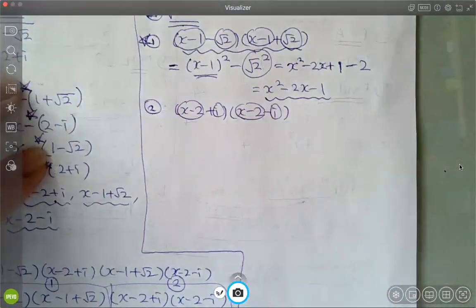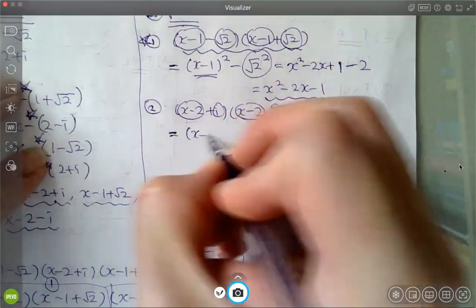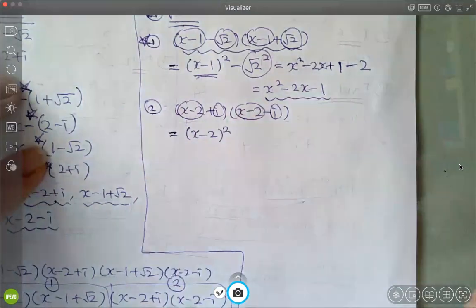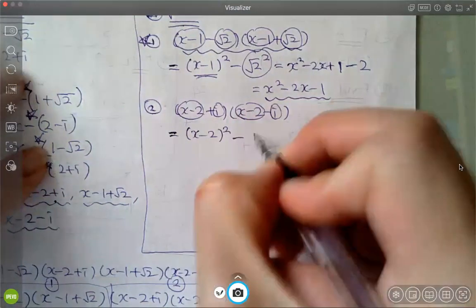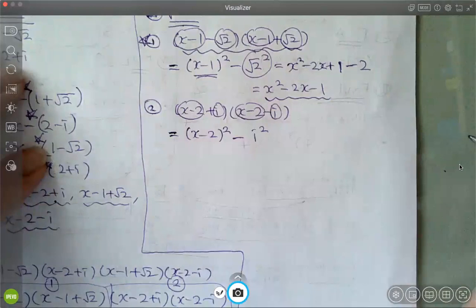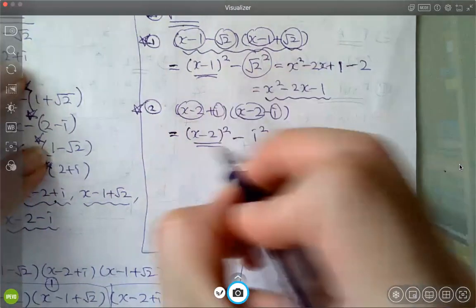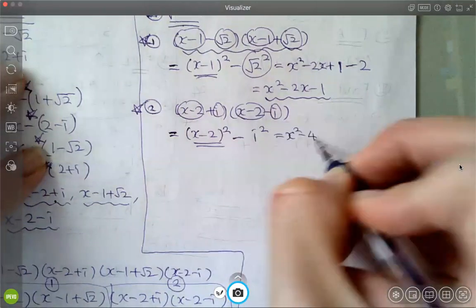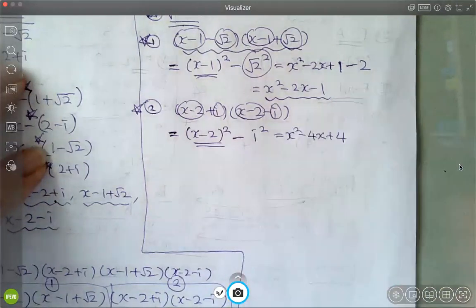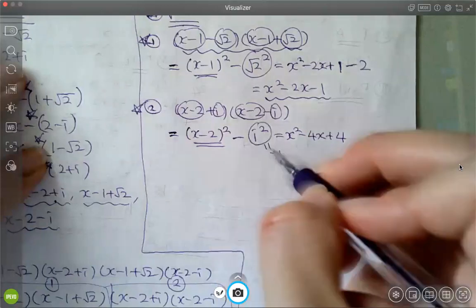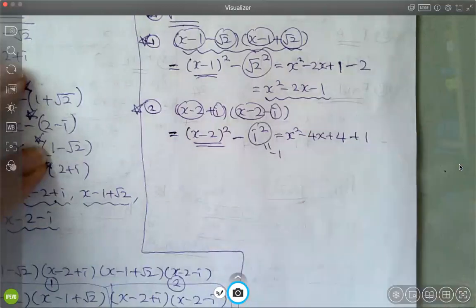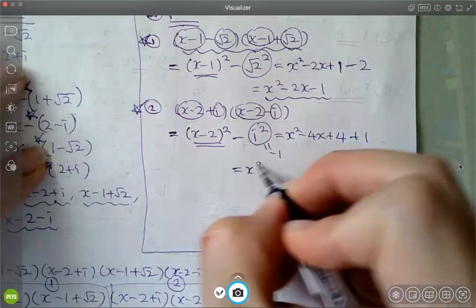So what needs to be squared first? It's x minus 2 squared, and then minus I squared. Again, it's a tricky thing here. So you FOIL this, and you get x squared minus 4x plus 4. And remember, I squared is negative 1, so it's minus negative 1, which is plus 1. And so you get x squared minus 4x plus 5.